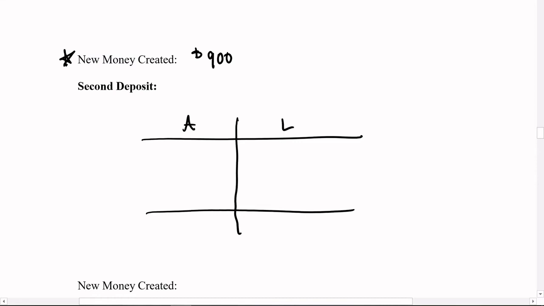We have assets, liabilities, deposits, loans, and reserves. Now, $900 has been deposited. It could be the same bank. It doesn't matter which bank it is. But $900 are deposited. 10% is still our reserve requirement, reserve ratio.